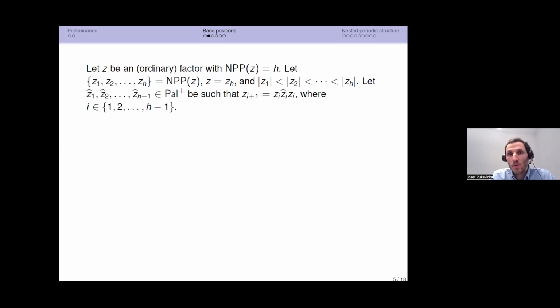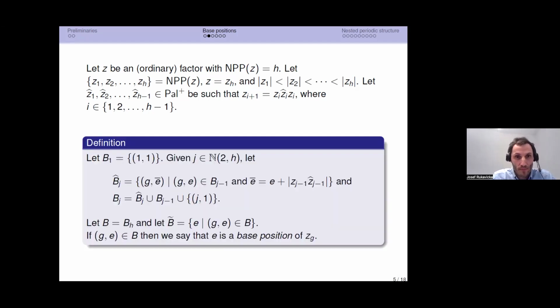For the moment, it may not be obvious, but it can be easily proven because of the non-periodicity. Since the order is strictly smaller than 2, this is easily proven. So the definition as it is here is okay. I hope this is clear.